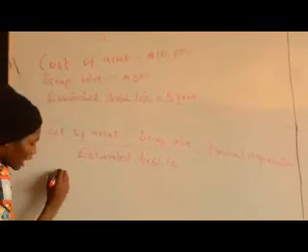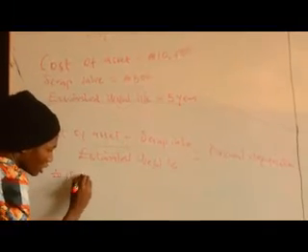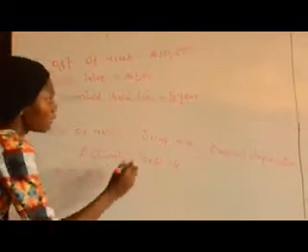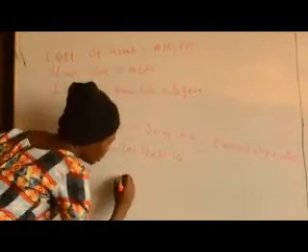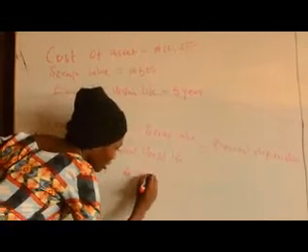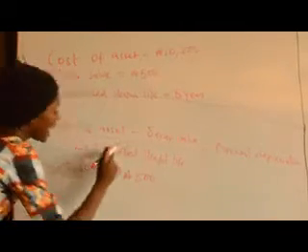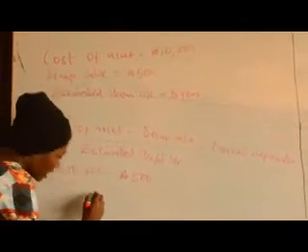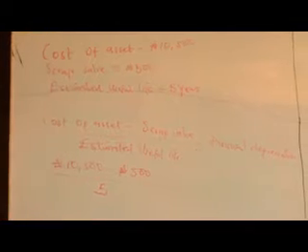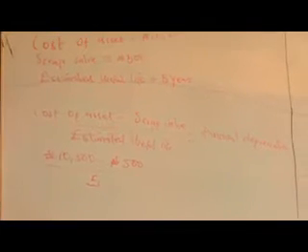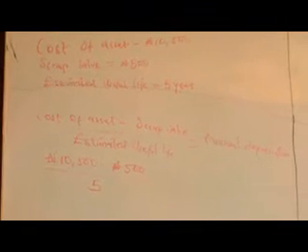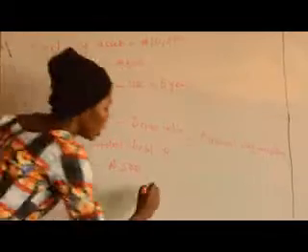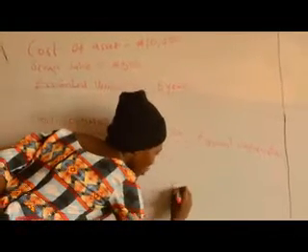Alright, our cost of asset is 10,500. And our scrap value is 500 naira. And our estimated useful life is 5 years. Alright, so this is just the formula. This is how we'll be getting our annual depreciation. So if you do this correctly, our answer will be 2,000 naira.